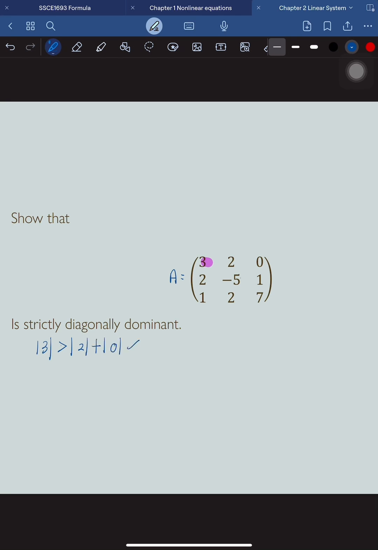Second diagonal A22, -5, is greater than A21 and also A23. So yes. And the last one, A33, is greater than A31 plus A32. Also satisfied. Therefore, matrix A is SDD.